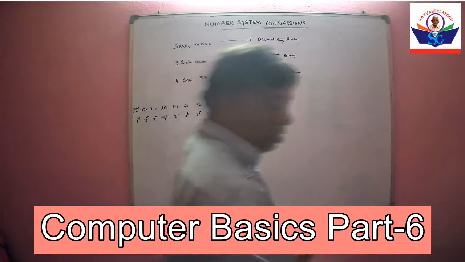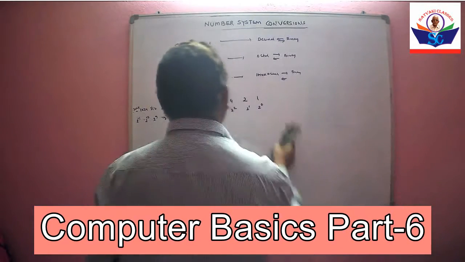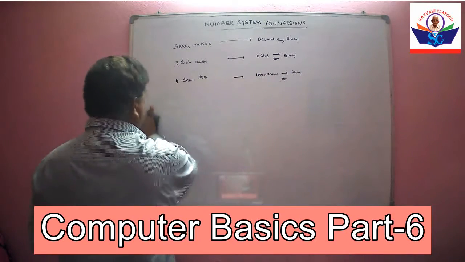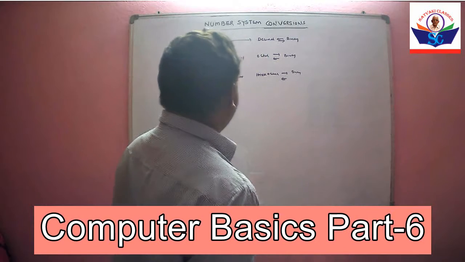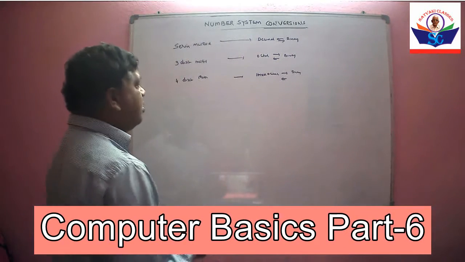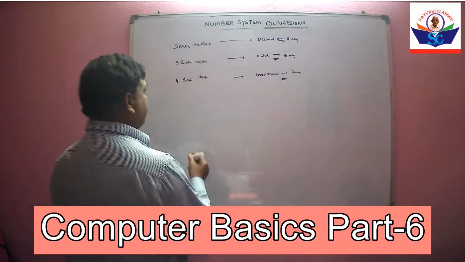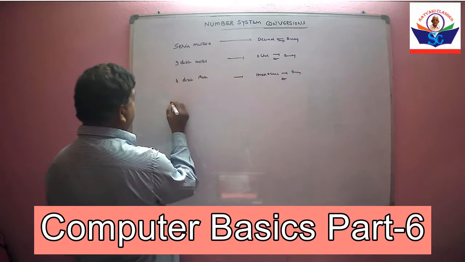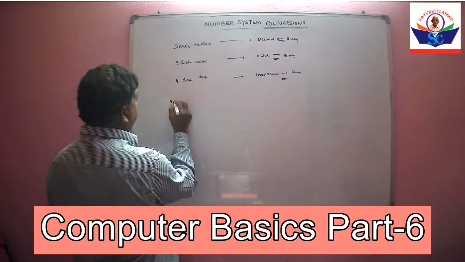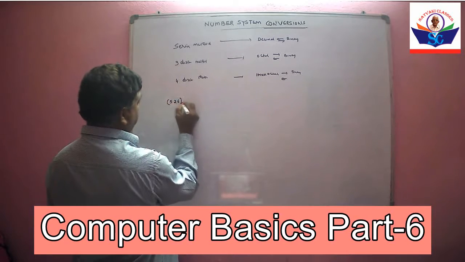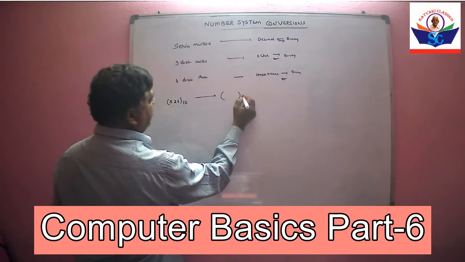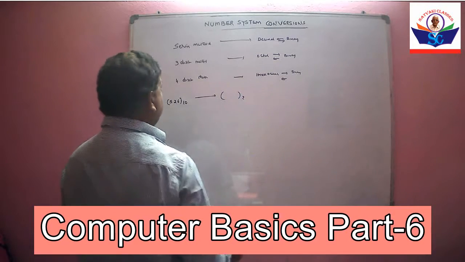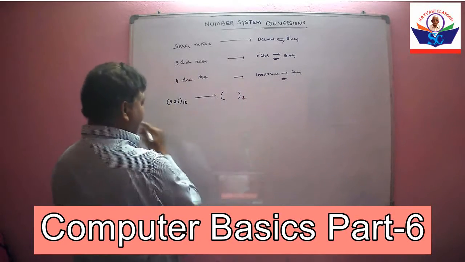Like this, we will follow the series method. It is used to convert decimal to binary and binary to decimal. Yesterday we saw one example. Today we will see some other examples. We are taking the number 526. What is the decimal number 526 in binary?